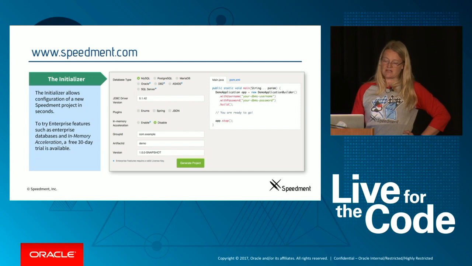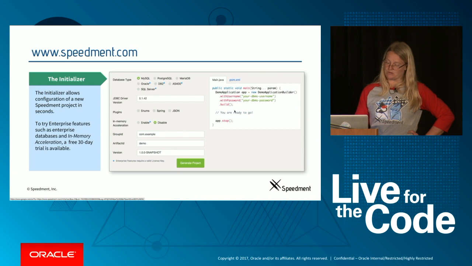So to try this out, on the Speedment website, you will find an initializer. And you just click in your database type, what kind of JDBC driver you want. If you want, for instance, Spring plugins or anything, you can enable the in-memory acceleration if you want to try this, or you can disable it, and you will automatically get the POM XML file that you can move into your project.